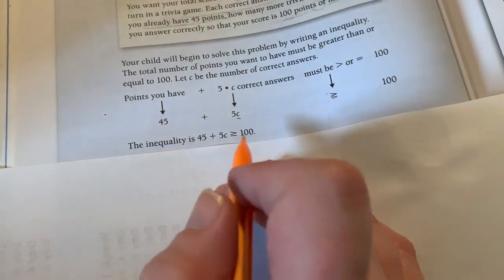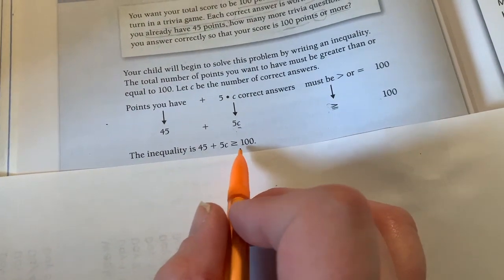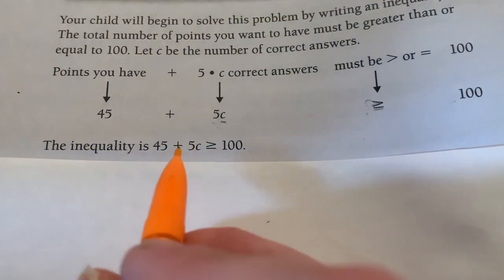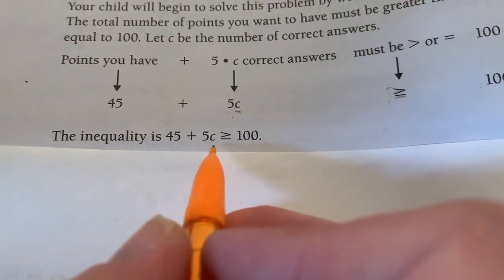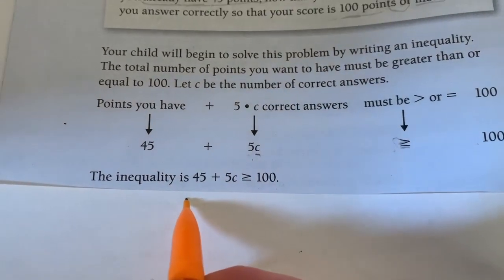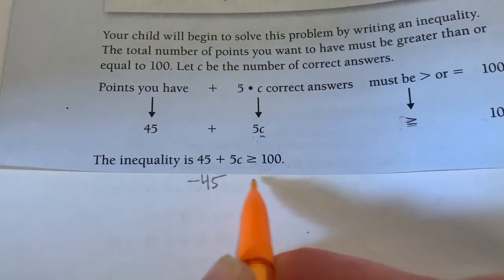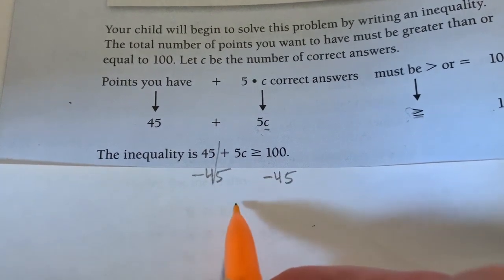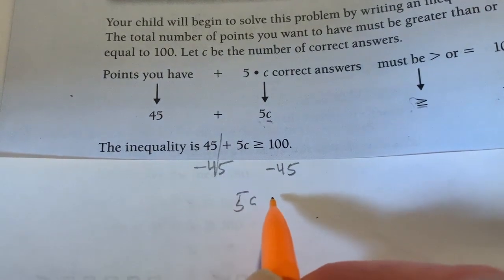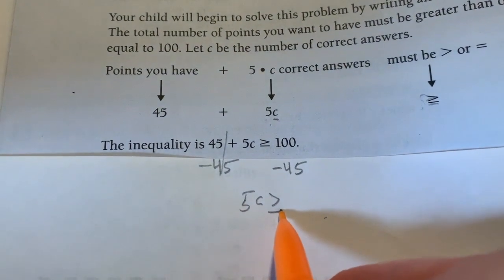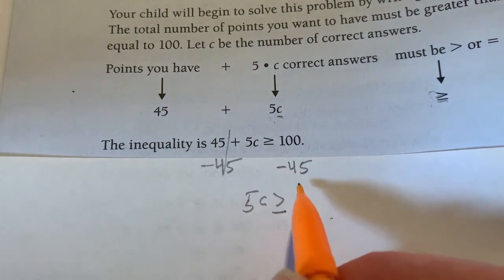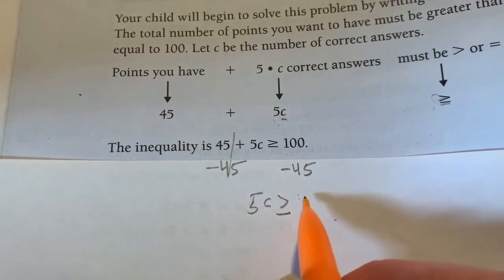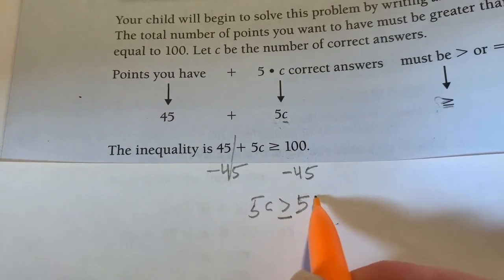So we're going to take 45 plus 5c is greater than or equal to 100. And here is where the math comes in. Again, we're going to leave this 5c alone for now, and we're going to subtract the 45 from both sides. That's where these will cancel, and we're left with 5c on the left side is greater than or equal to 100 minus 45, which will give us 55.